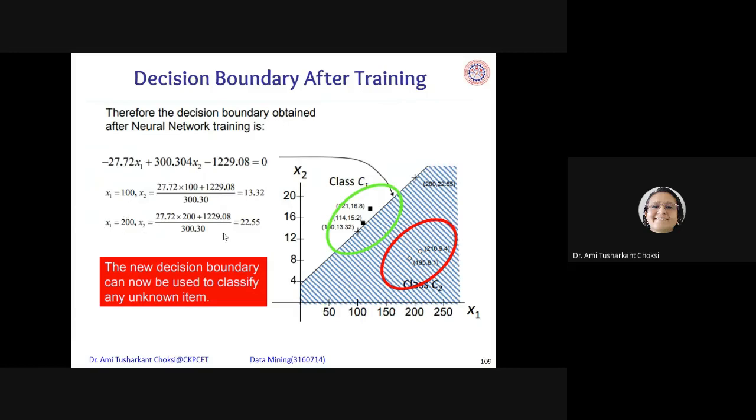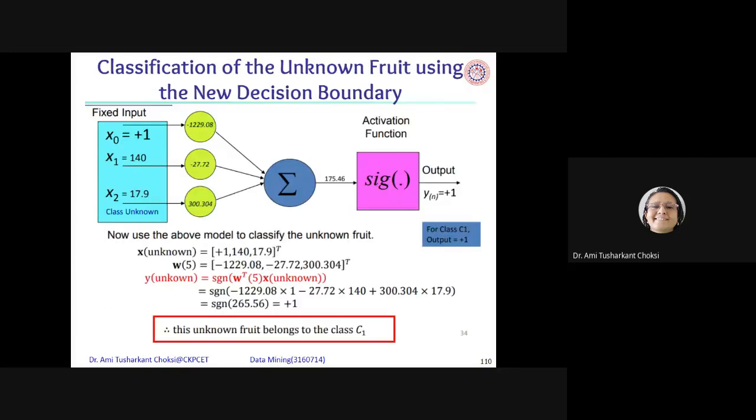So we can say the values we now have are able to linearly classify the classes, and the new decision boundary can now be used to classify any unknown item. Fine, that is the very simple perceptron convergence algorithm.